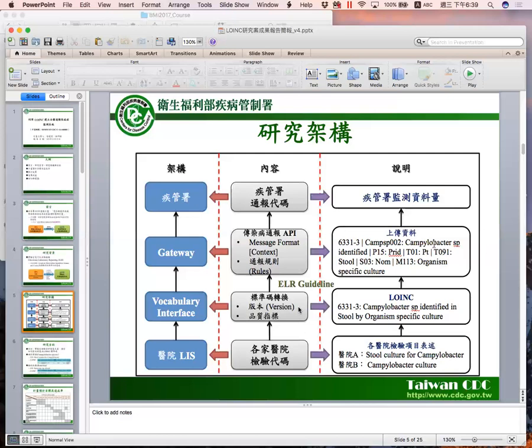The first level is that they need to understand the meaning and the synonyms, the full name, acronym, and the different local names.